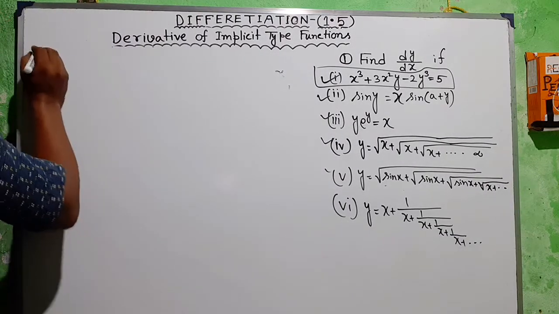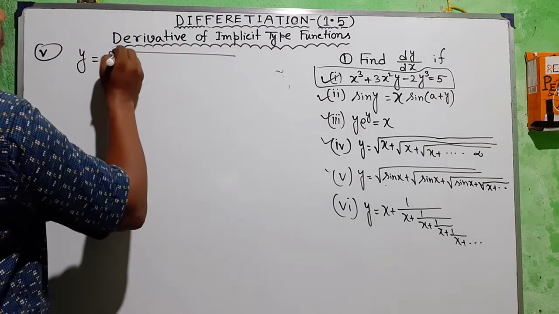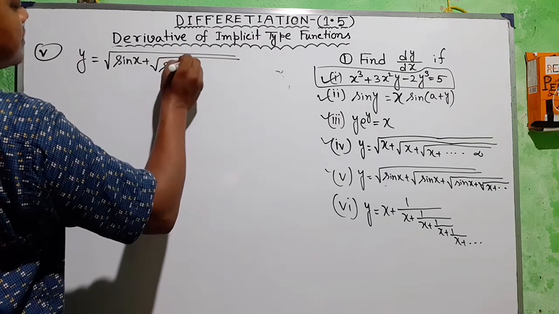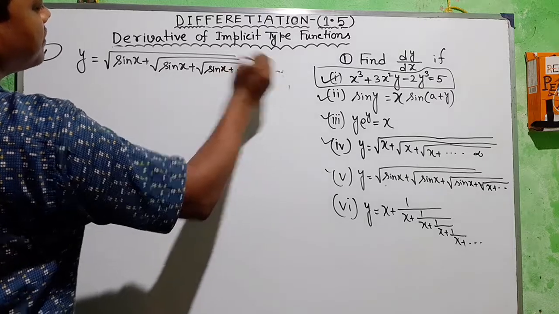In a similar way we can do problem number 5. y equals square root of sin x plus square root of sin x plus square root of sin x, up to infinity.